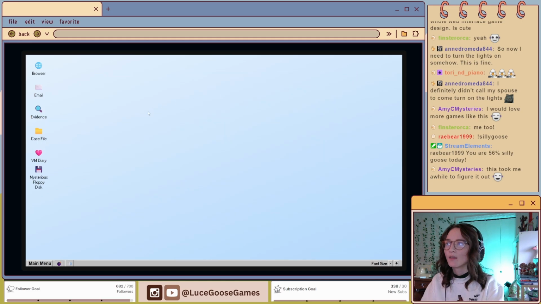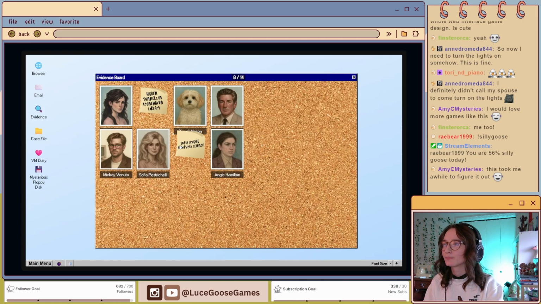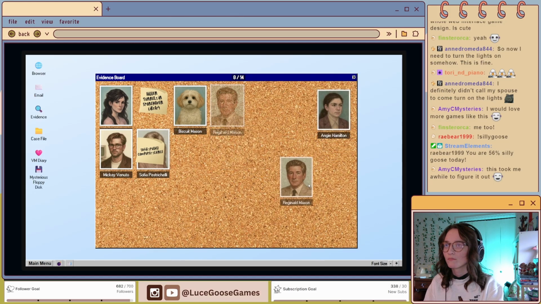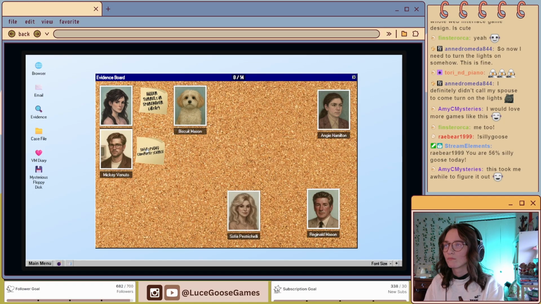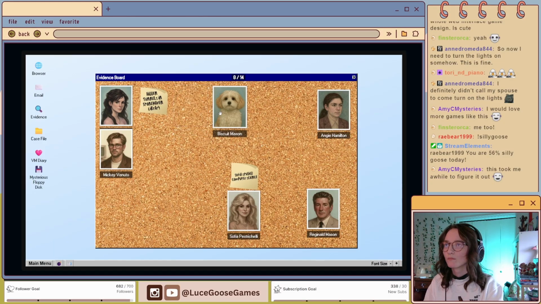Okay. Oh, I can move things around, I see. Interesting. That's kind of cool. I like that biscuit is a part of the evidence board.